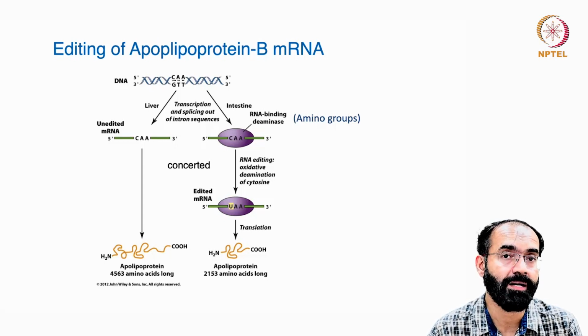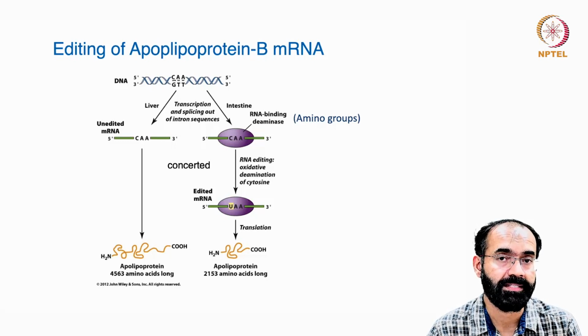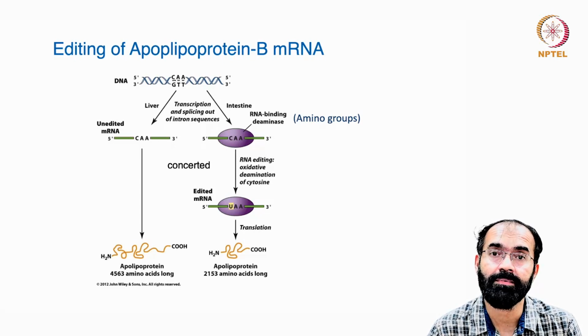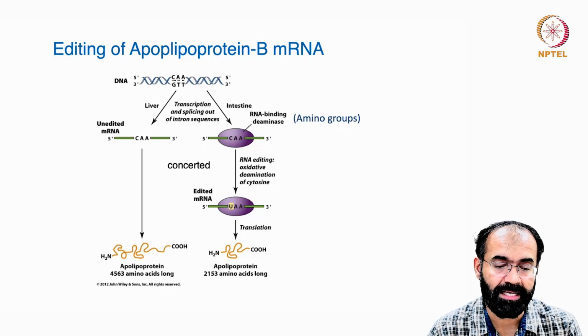UAA, you may remember, is one of the stop codons. 3 stop codons are there: UAA, UAG, UGA. So this was a codon CAA, now it became UAA, one base change. So the codon became a stop codon, and the UAA presence will terminate the apolipoprotein.